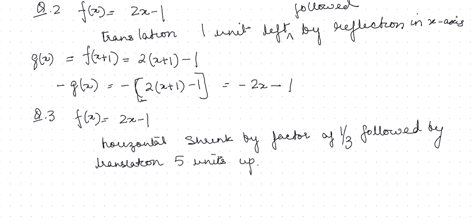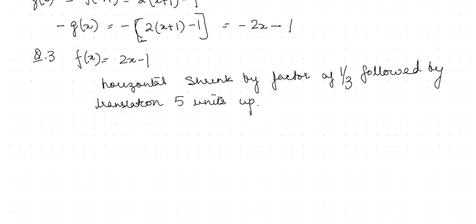So a horizontal shrink means it will be f of 3x. Wherever there is x, we will put 3x. So 2 into 3x minus 1. And this is g of x.